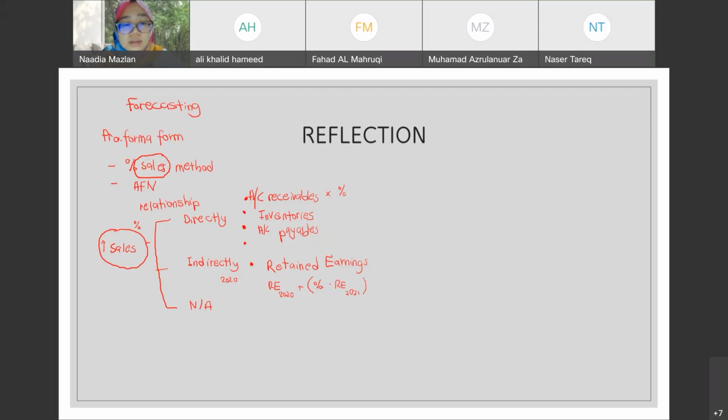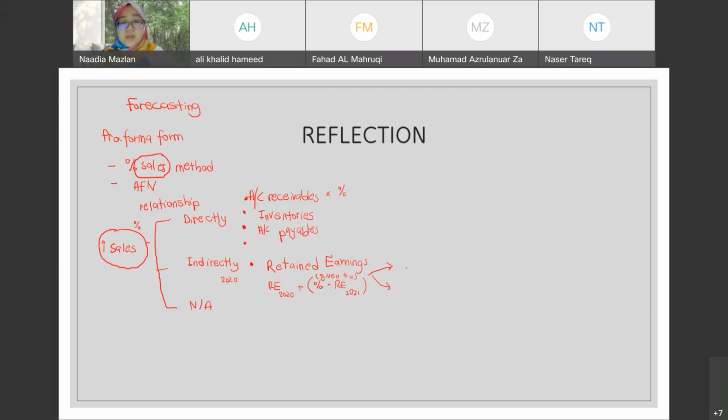Here, the percentage will be given to you: how much will be retained and how much will be provided for common shares and so on. Ganesan is actually correct. I believe that is applicable as well.